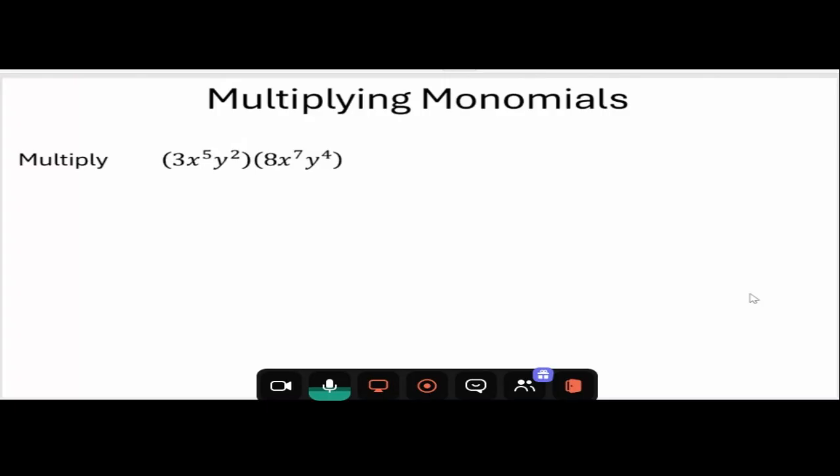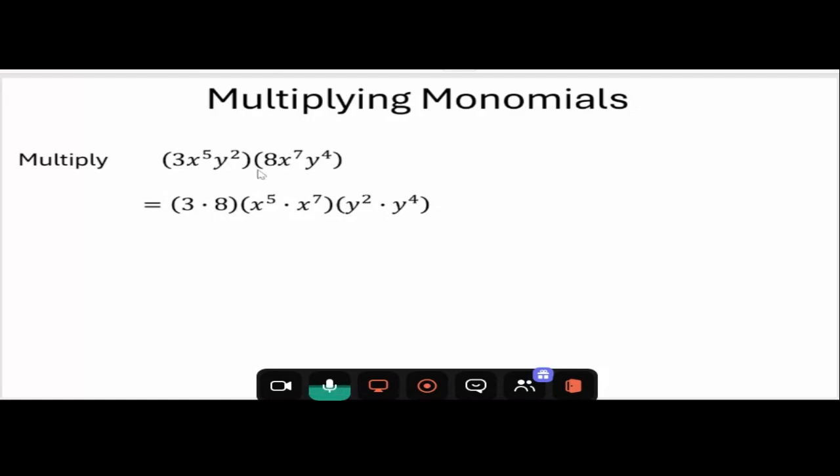3x to the 5th y squared times 8x to the 7th y to the 4th. All multiplying in the first, all multiplying in the second. So we can simply take the corresponding pairs and multiply them together. The 3 and the 8 are numbers, so we can multiply those.